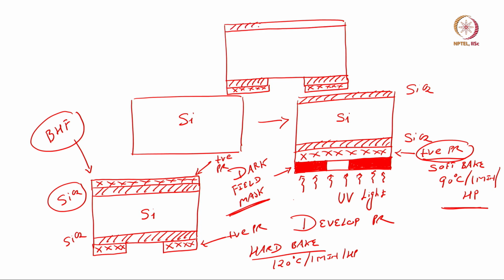Silicon dioxide gets etched from the area which was not protected by the photoresist. The area which was protected by the photoresist will not get etched.